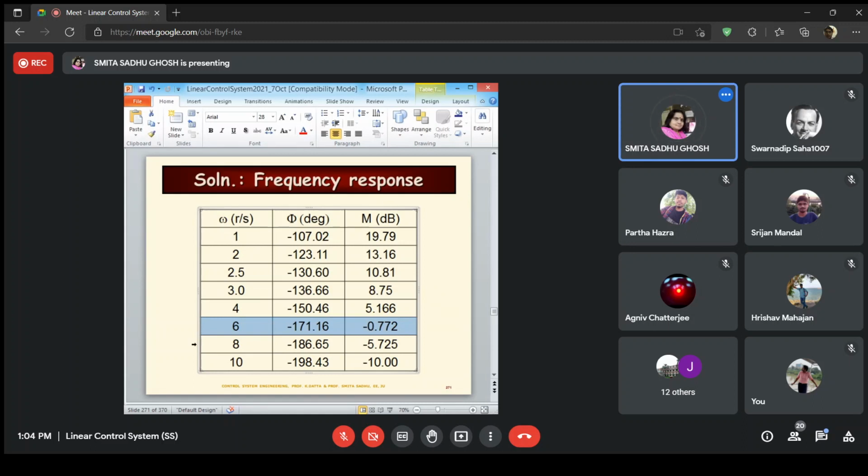Similarly, now at 8 radians per second, the gain of the uncompensated system is minus 5.7, right?